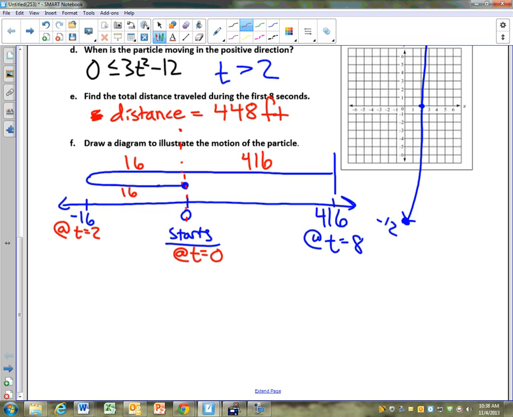I traveled 16 feet to go back, 16 feet to get back to 0, and then 416 feet after that.